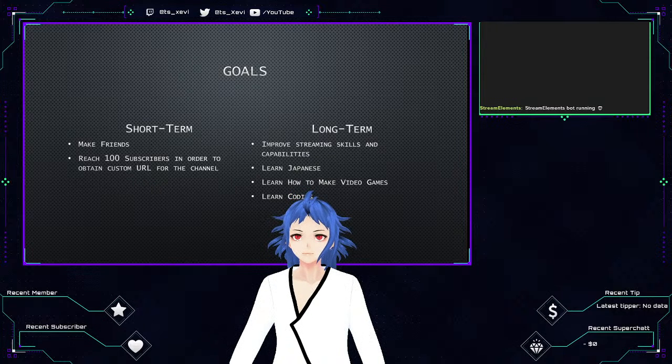And the other thing I want to learn is how to code more. I've taken a couple of classes throughout high school and college, but I'm not well versed enough to make a video game or anything like that. So that's one of our other long-term goals.